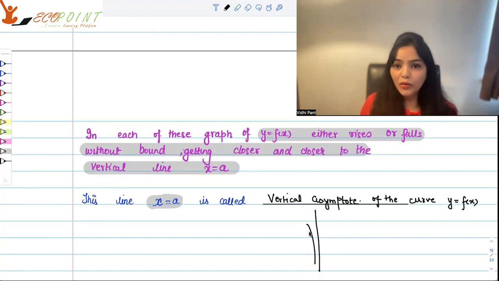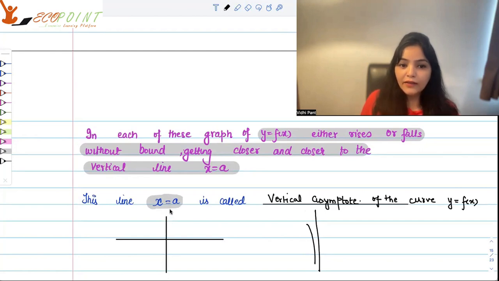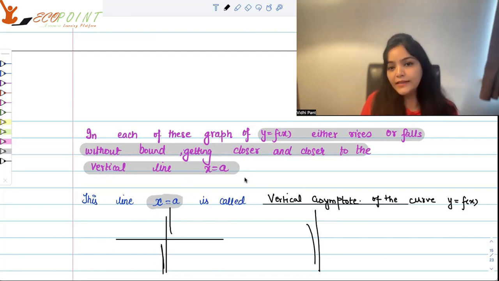More so, we will be using it in a scenario of limit, as if it is going parallel, that means it might be minus infinity or plus infinity. So vertical asymptote is happening when x is finite, x is equal to a, x is finite, but the functional value will become infinite.